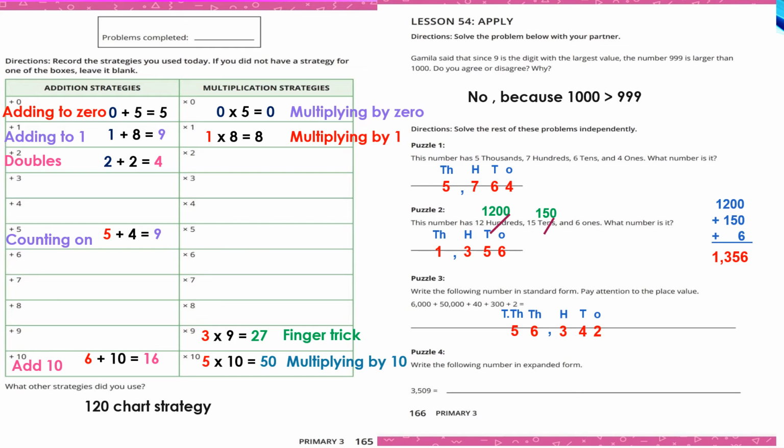The last one, write the following number in expanded form, the opposite of the previous example. We want to put each digit by its value. 3 here in which home? 1000. Yes. So put 3 with 3 zeros.